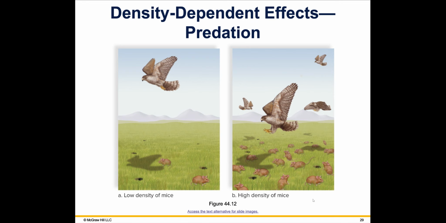Meanwhile, if there's 100 mice and there's only 10 holes in the ground, now there's not enough hiding spaces, and they probably will be predated on some level. And so it does matter for something like predation and competition for resources, how many individuals are in a space.